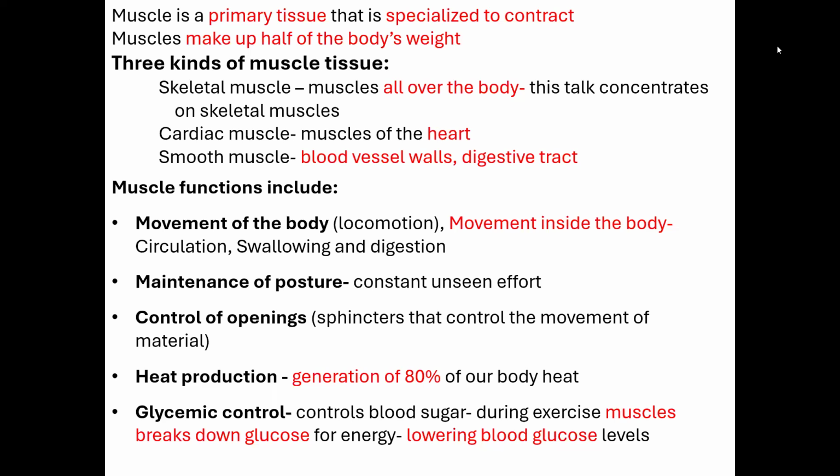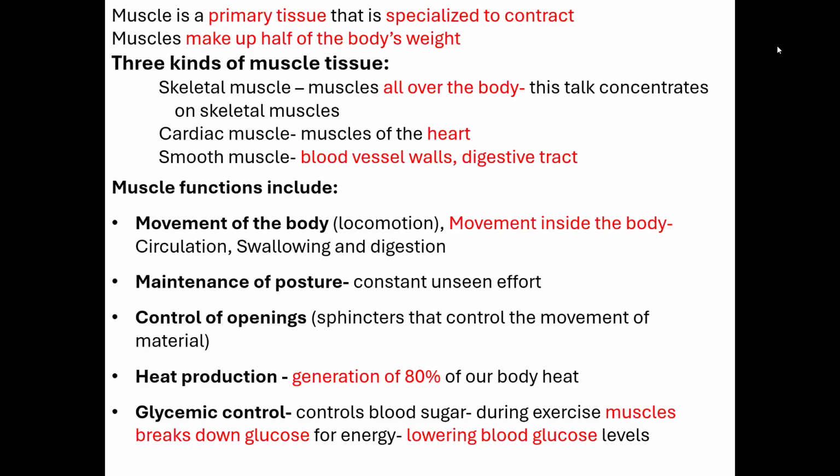Why do you need muscles in the digestive tract? To break down the food or to move the food? To move the food. How does that happen? Peristalsis. So peristalsis is a contraction happening. Imagine there's a tube. There's a contraction happening at the top.